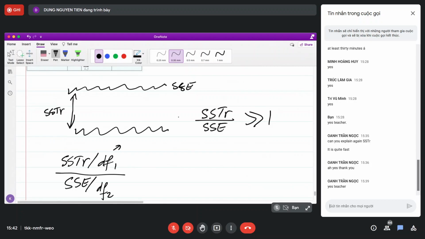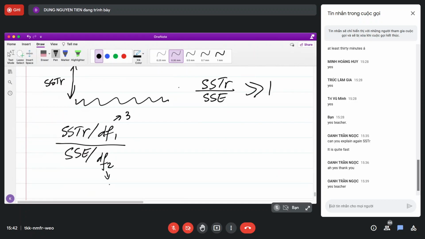In our problem, the first degree of freedom is 3, and the second degree of freedom is 20, all right? And I will denote that ratio by F. If F is too big, then we will reject the null hypothesis. If it is not too big, then we fail to reject the null hypothesis. Do you understand? Is that clear?